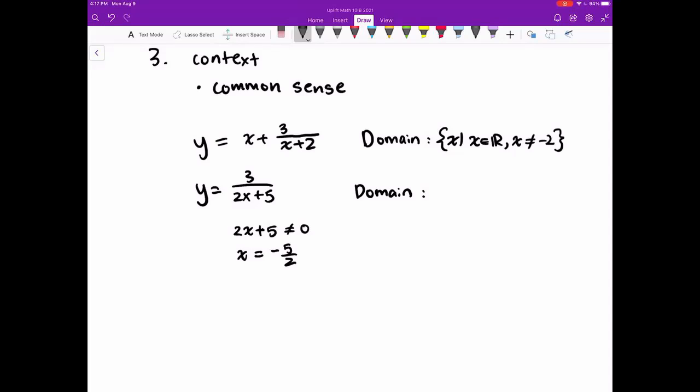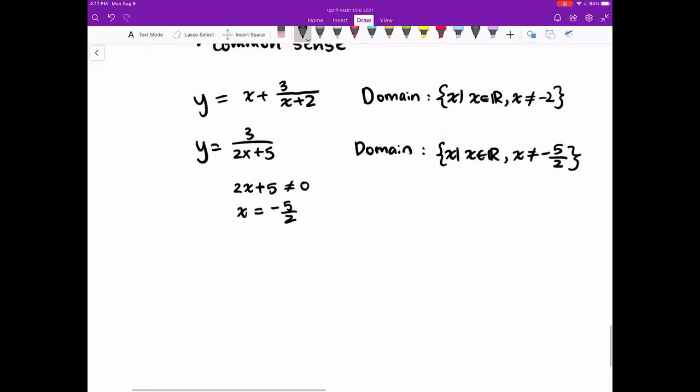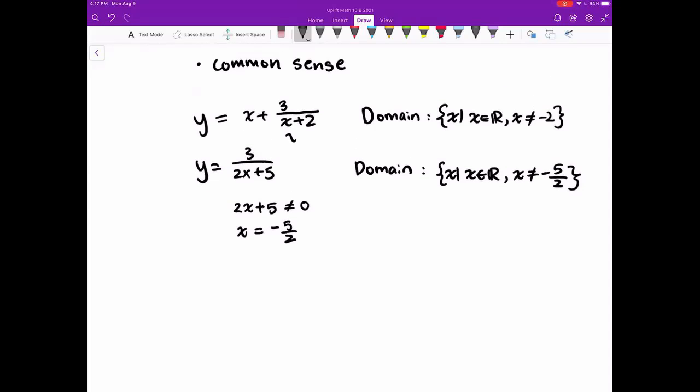So that's a restriction. For the domain, we have x where x is an element of the reals, and x cannot be equal to -5 over 2. And for the first one, we can do x plus 2 is not equal to 0, so x is not -2.